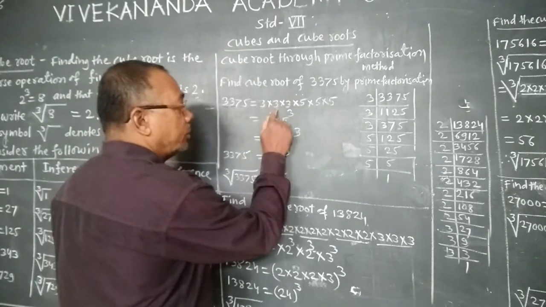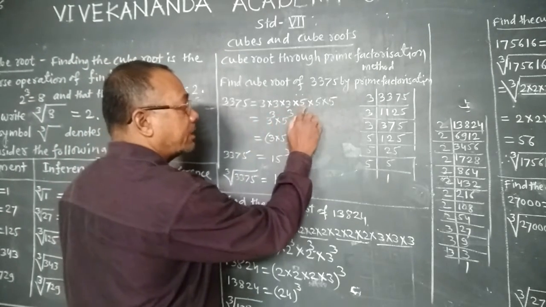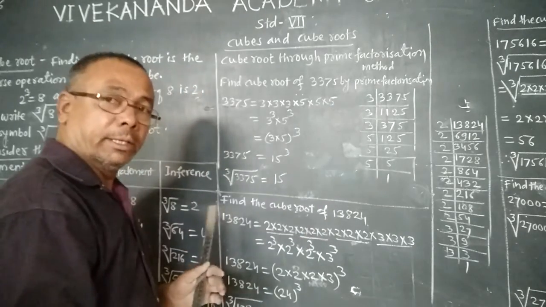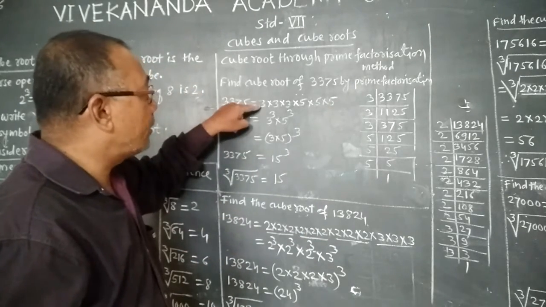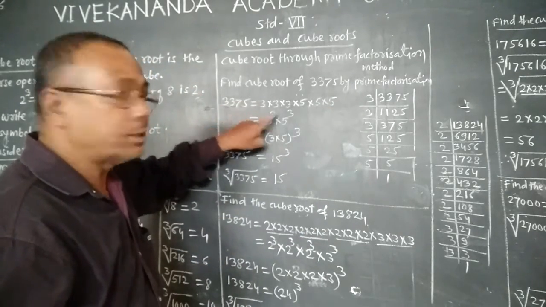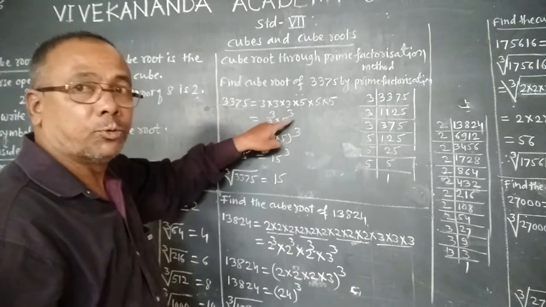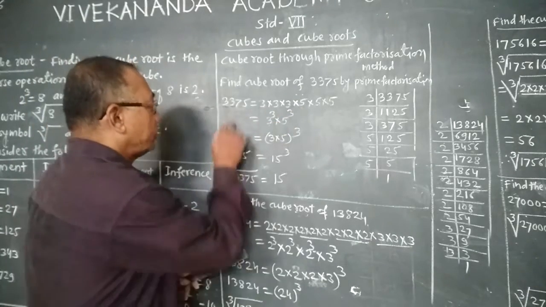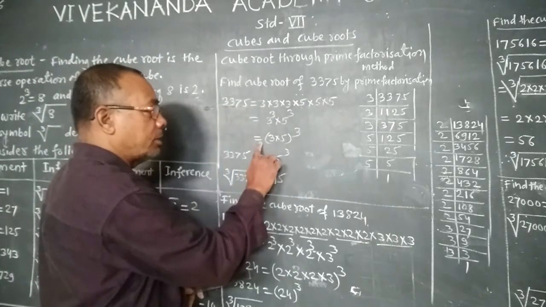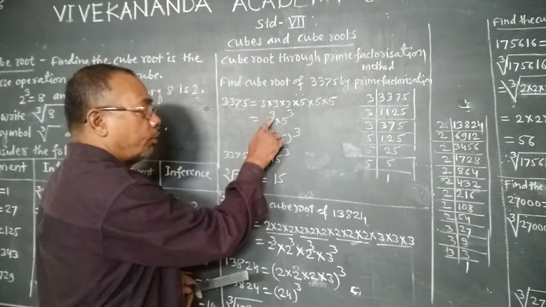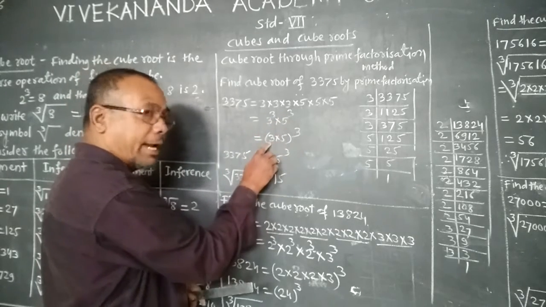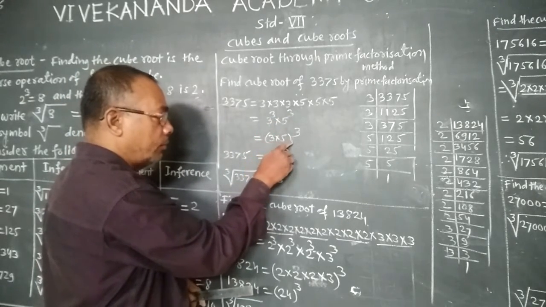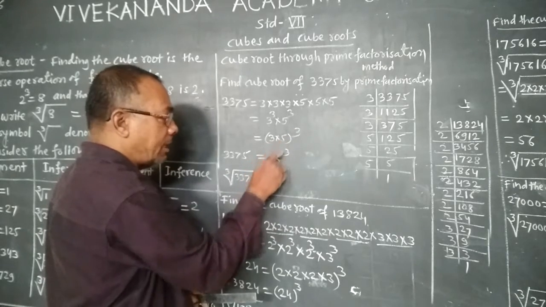Here we got a triplet of 3 as well as a triplet of 5. The triplet of 3 can be written as 3 cube, and the triplet of 5 can be written as 5 cube. In this way 3375 is equal to, as both have the same exponent, 3 into 5 bracket cube, and 3 fives are 15 cube.